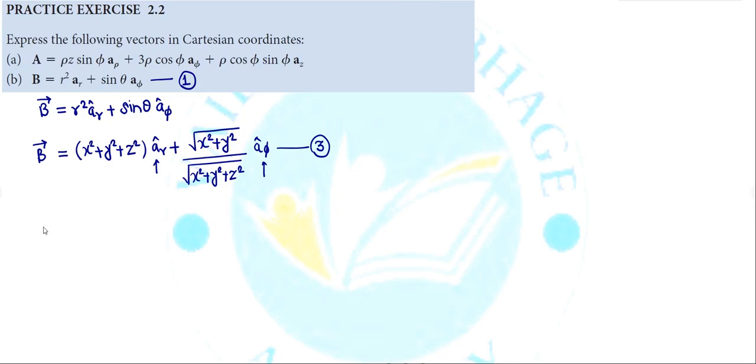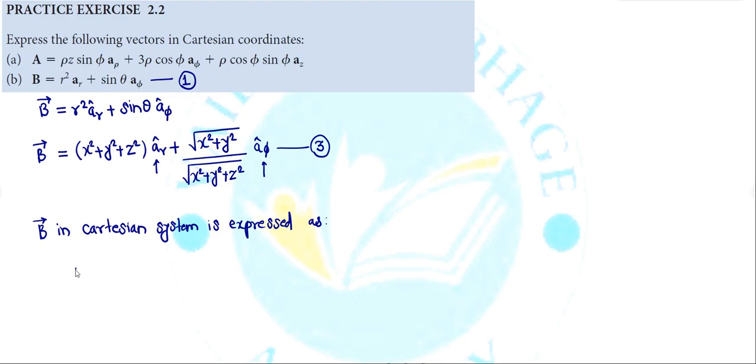So that will be what now? So vector b in Cartesian system can be expressed like this one. So what will be generalized form of that vector b?